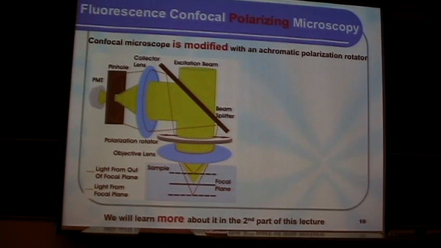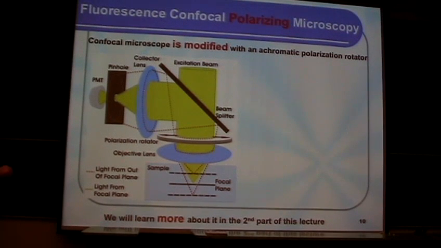And so in this case it's useful to modify such a confocal microscope with a device that allows you to control the polarization state of excitation and detected fluorescence light at the same time. And this can be achieved, for example, using a twisted nematic polarization rotator or ferroelectric liquid crystal polarization rotator.